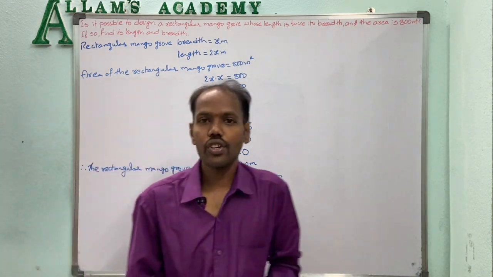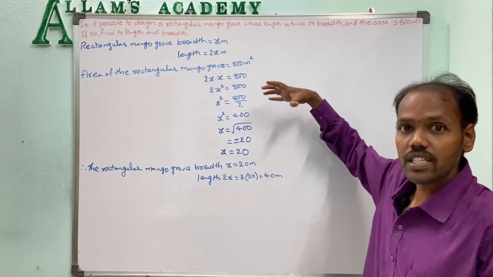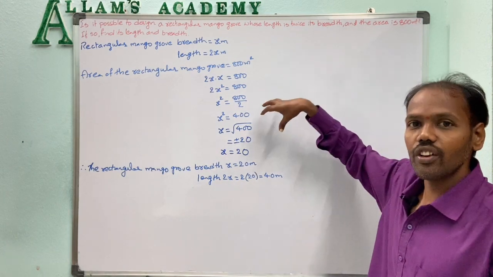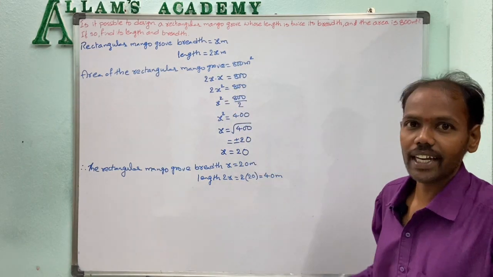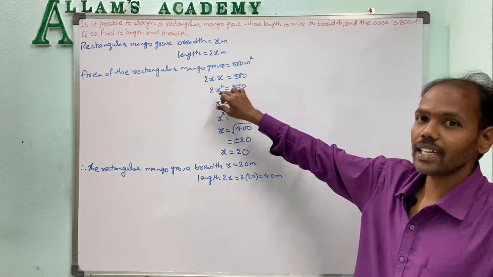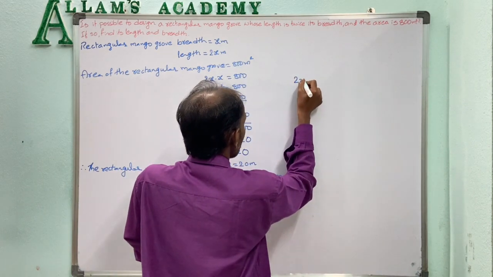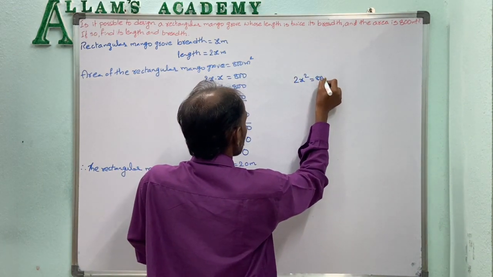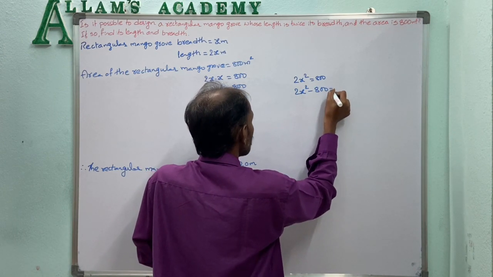Okay, so here if we want to write this information as a quadratic equation and then find the roots, now here 2x square equal to 800. Now this 800 is transferred to this side, that is minus 800. So 2x square minus 800 equal to 0.